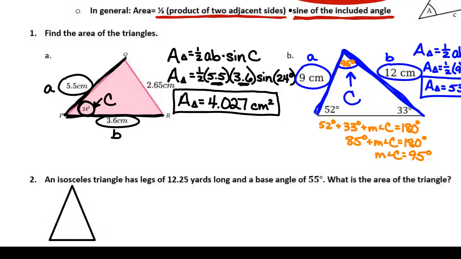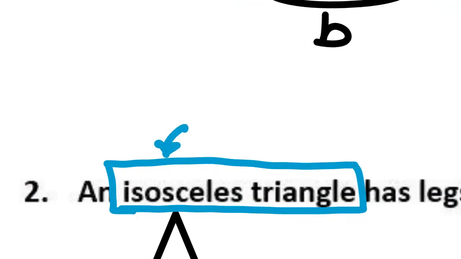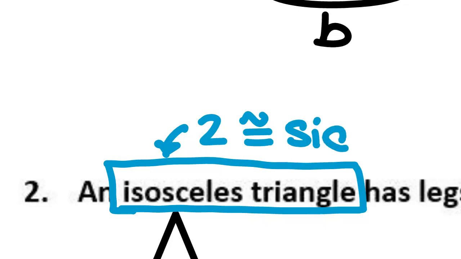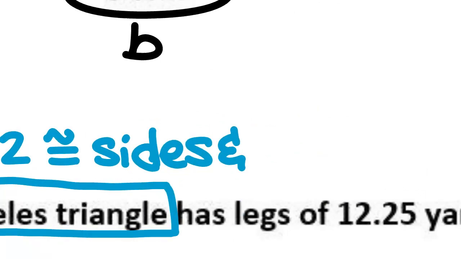What do we know about an isosceles triangle? What makes an isosceles triangle different from a scalene triangle or different from an equilateral triangle? 2 sides are congruent. And it has 2 angles that are congruent.